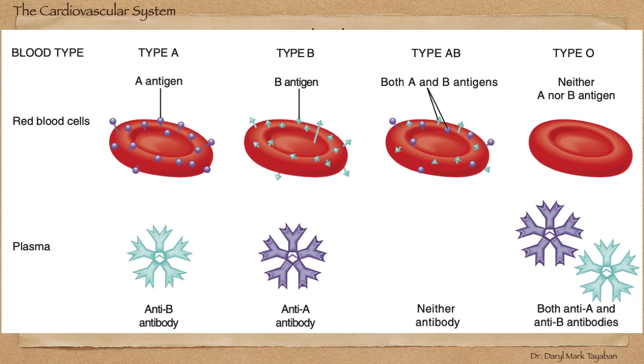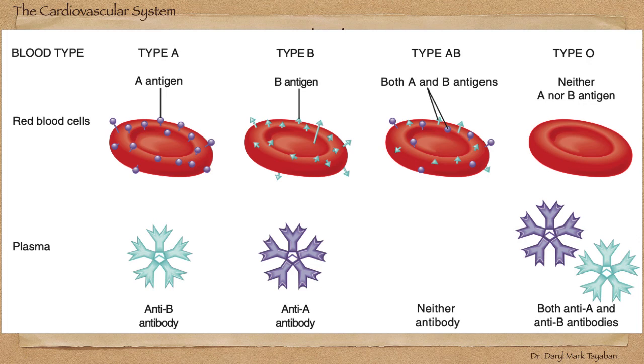Let's imagine that the red blood cell is a wife, and the plasma is the husband. So if the wife is letter A, the husband will hate letter B. It's like that, because the plasma antibodies are actually the ones that cause the clotting.